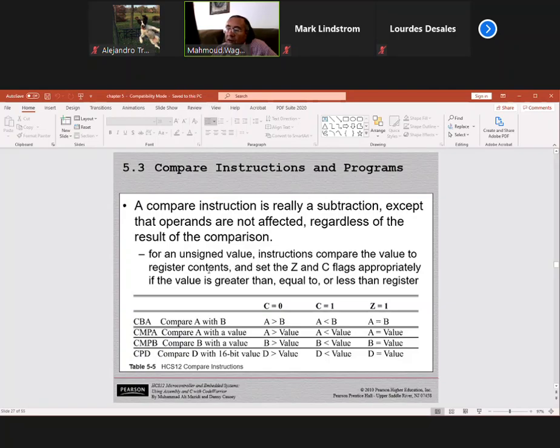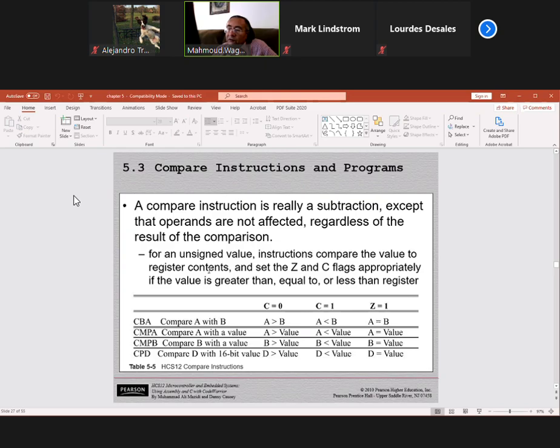...is going to reside in A after the subtraction process is accomplished. But when you say compare, everything is done and the flags are decided as if there was a subtraction process, except that the final value is not going to reside in the destination register.